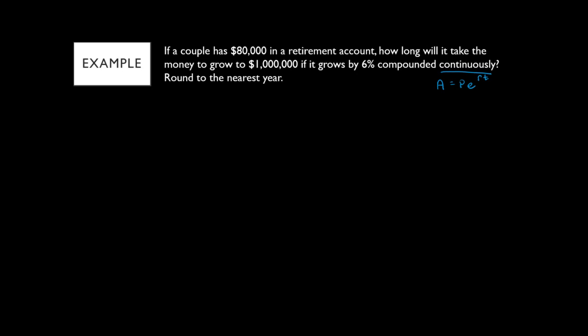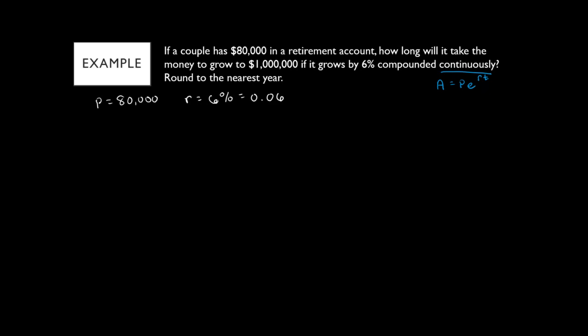So we've got to identify what we have here. P is always your starting amount, so they're starting with $80,000. We're just going to label that. And then r is the interest rate, so that is 6%, which we use in decimal form. You divide that by 100 to get the decimal form.